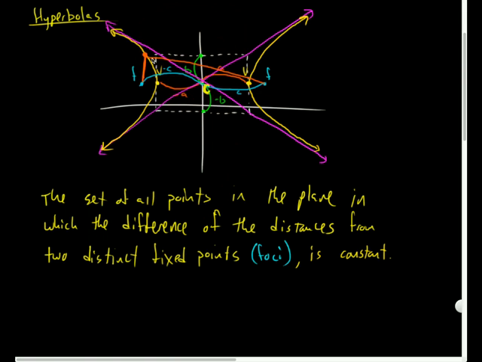This longer distance subtracting the shorter distance is always the same, no matter what point we happen to be on the hyperbola. If it was an ellipse, I would have said that the sum of the distances is constant. In this case, the difference of the distances is constant. And it doesn't matter which point that is.